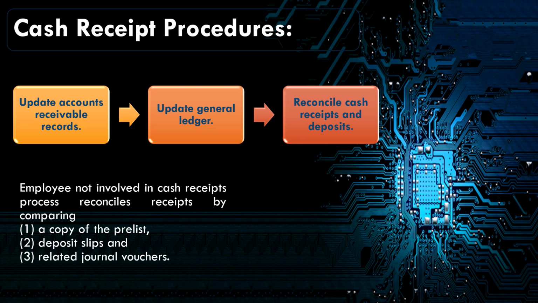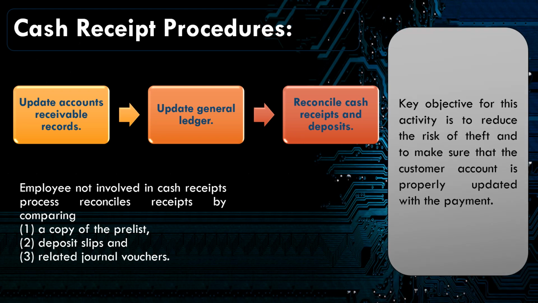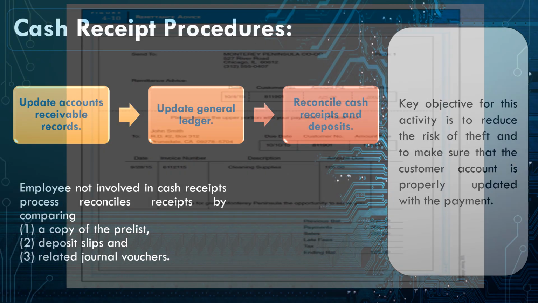Because it's segregation of duties and a control activity, segregating the one who receives the cash from the one who updates the file and reconciles. Okay, so the key objectives for this activity are to reduce the risk of theft and to make sure that the customer account is properly updated with the payment.